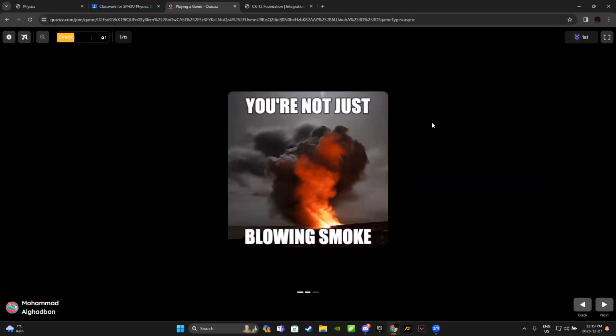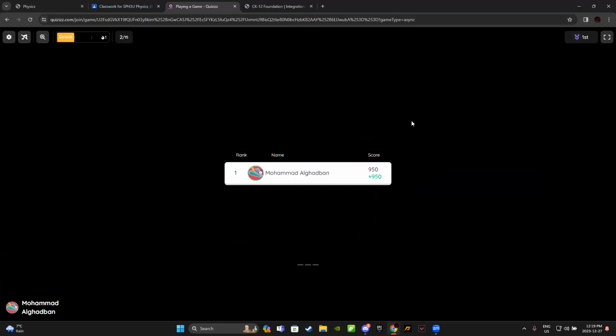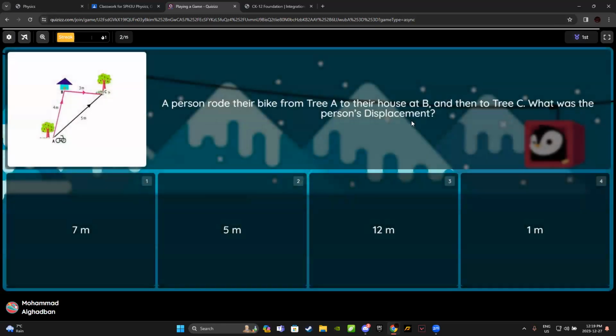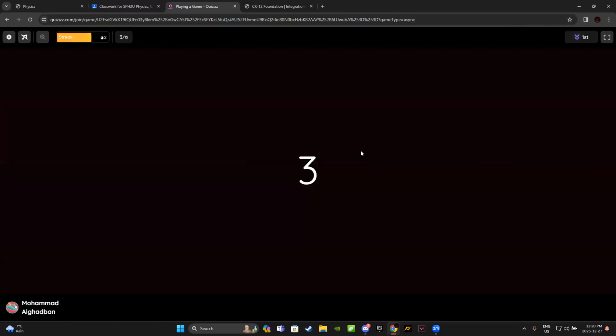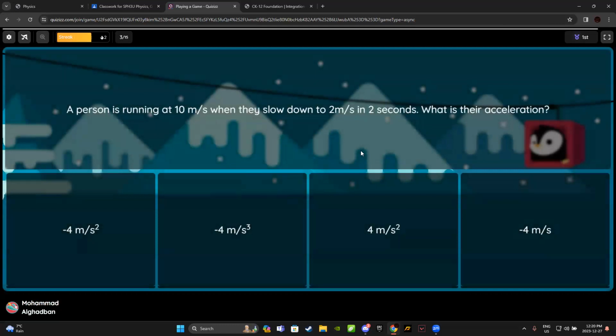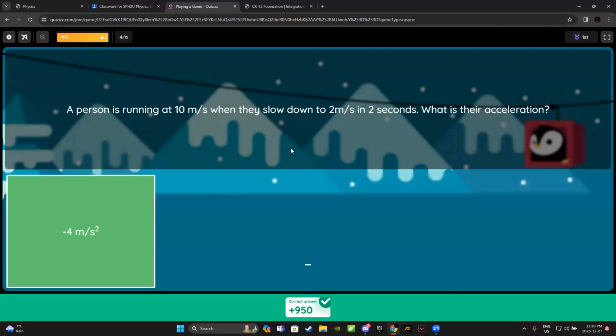Yeah, because the biggest slope. Yeah, negative sign because it slows down.